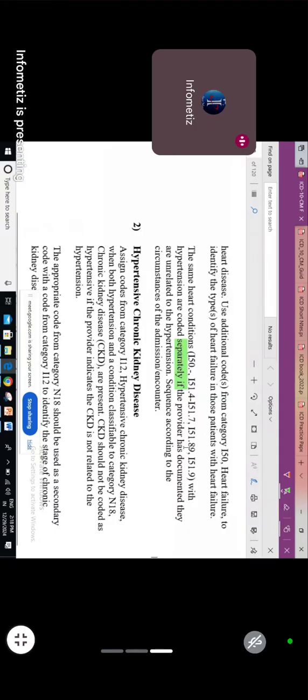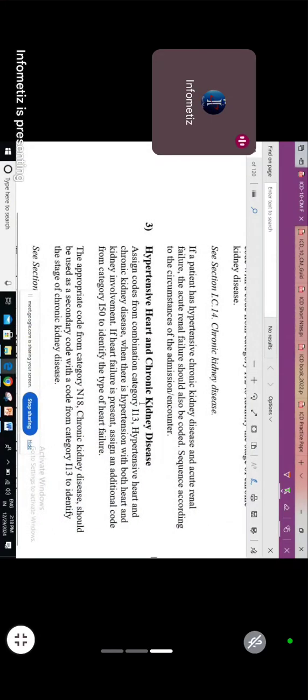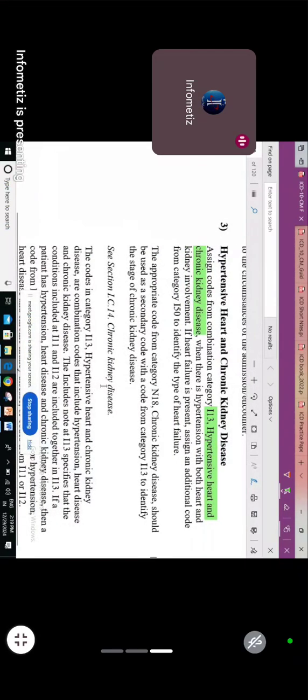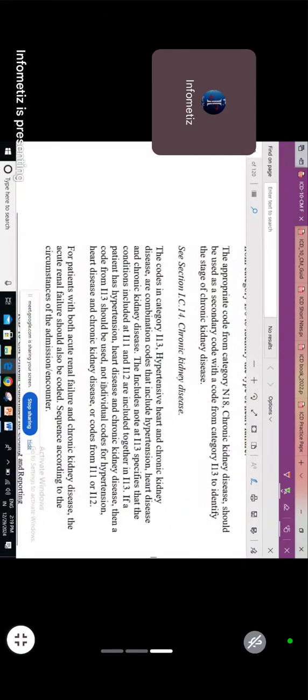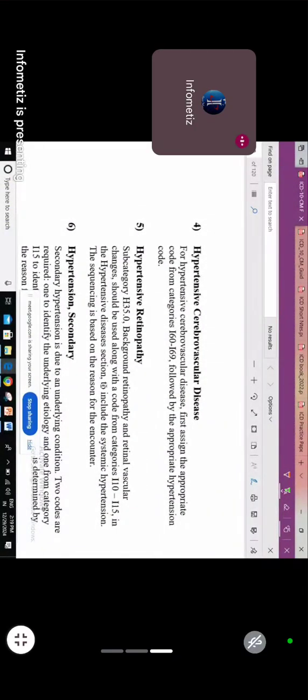Hypertension with chronic kidney disease, it's the N18 series. We have to code separately. Hypertension with heart and chronic kidney disease, we have to code I50 if applicable and the I12 series code separately. Done. So the hypertension guideline is done. Still we have some guidelines here. Is the hypertension guideline clear? Because definitely you will get one question from here.